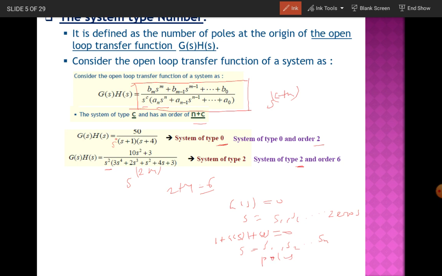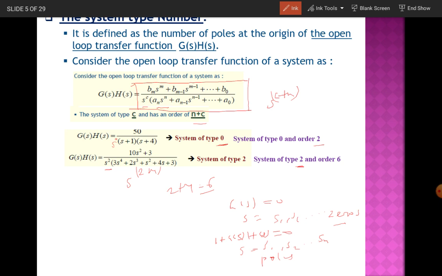So from the numerator polynomial, finding the roots of the polynomial expression, you will get the zeros of the system. Whereas in the denominator term, finding the roots of the polynomial expression, you will get the poles of the system. That is, the roots will give the poles of the system.